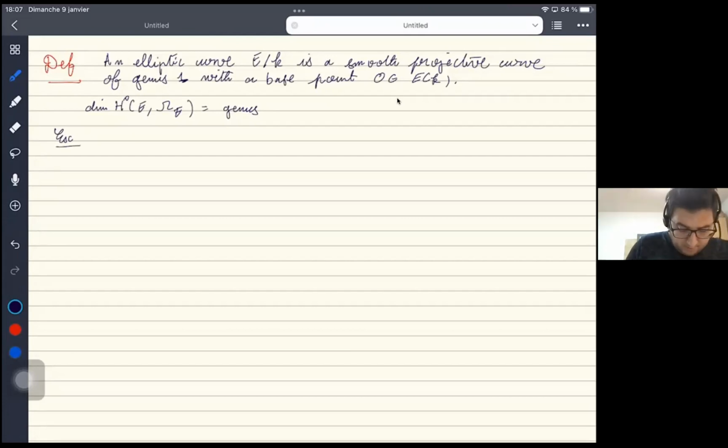So the first example, take K equal Q, and take this equation, y squared equals x times (x minus lambda) and so on, equals 0.